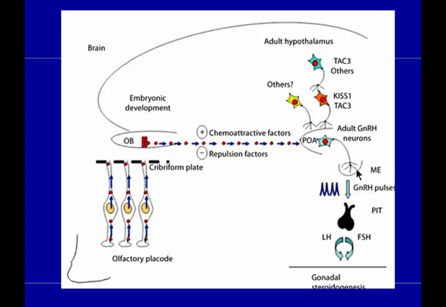And then, of course, it generates pulses to the anterior pituitary to secrete both LH and FSH.